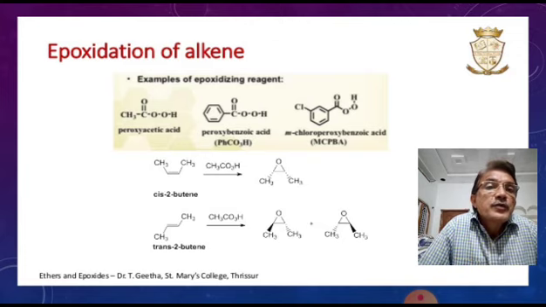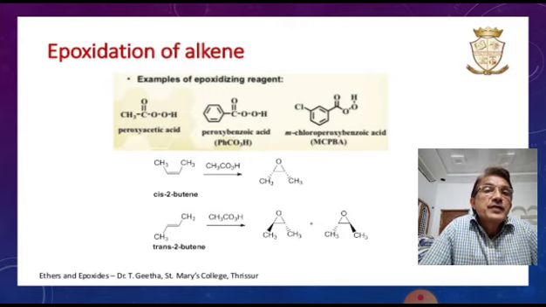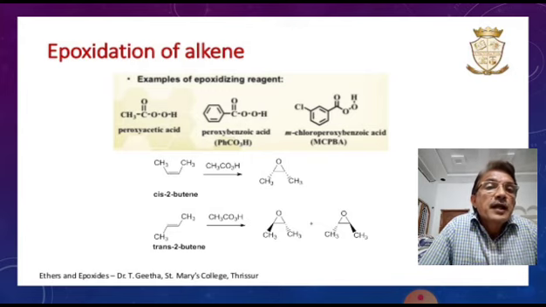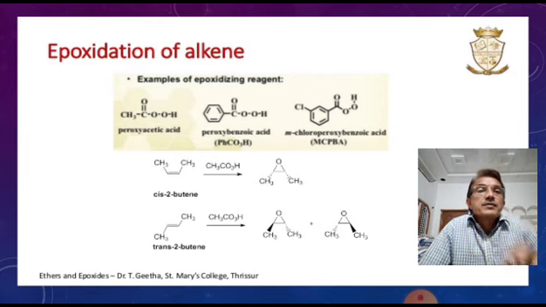When cis-2-butene reacts with peroxyacetic acid, it gives an epoxide. Similarly, when trans-2-butene reacts with peroxyacetic acid, it also gives an epoxide.